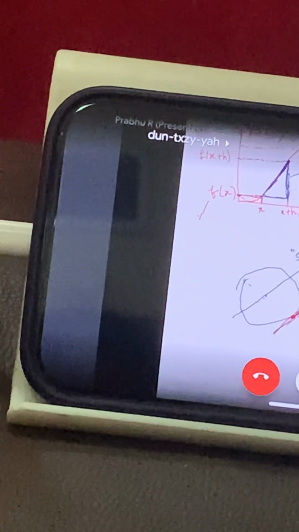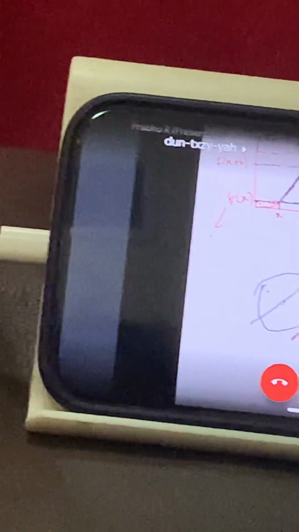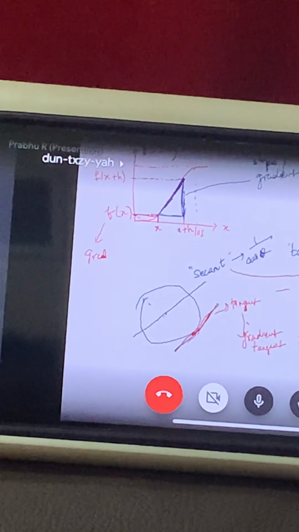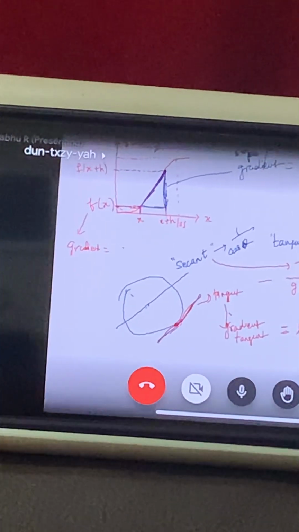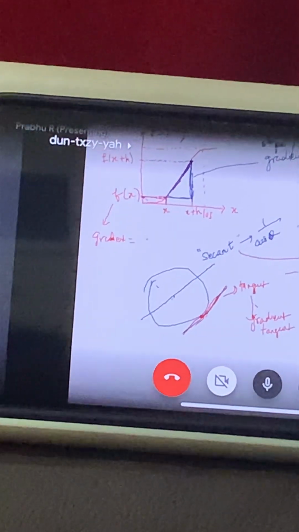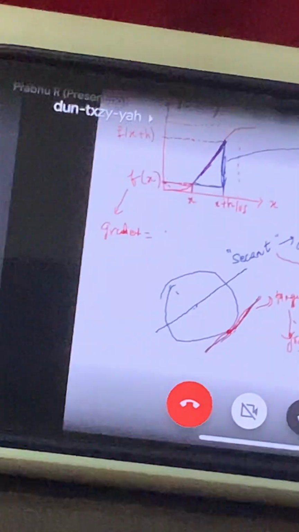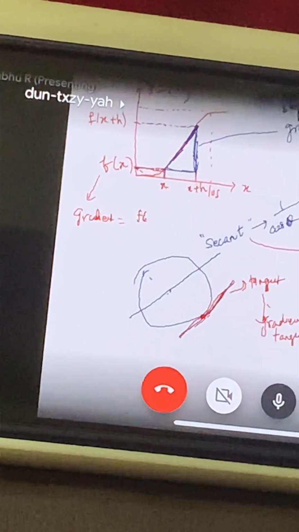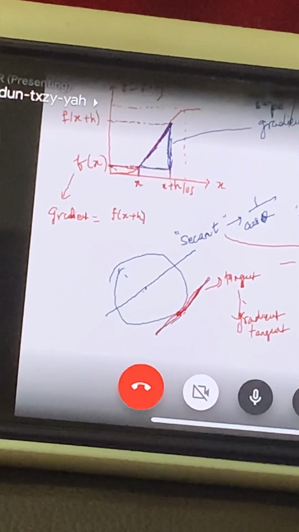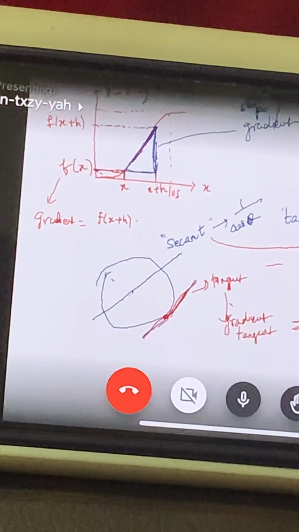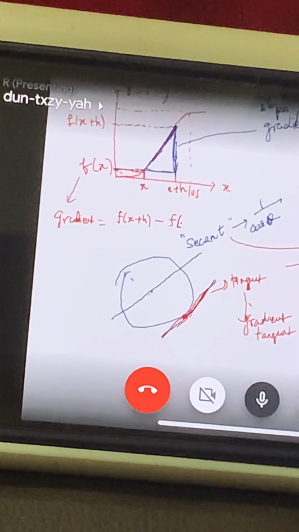So now tell me what is the gradient formula with respect to the notation I have written. Gradient means rise over run. What is the meaning of rise? Which one is rise? That is f of x plus h. From that value, which value do you have to subtract? f of x.